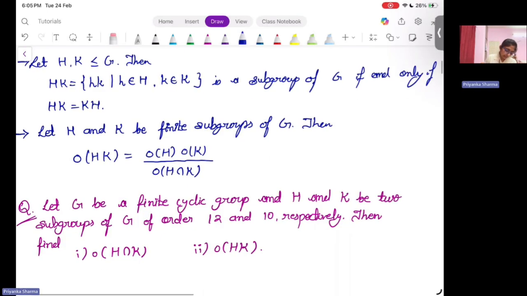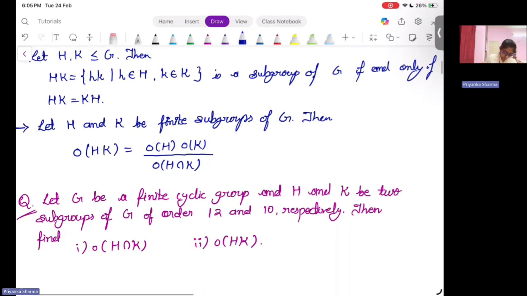Now, how do we calculate the order of product of two subgroups? So to compute this, first we need to consider that H and K are of finite orders. So if H and K are finite subgroups of G, then we can discuss the order of HK, that is the order of their product.